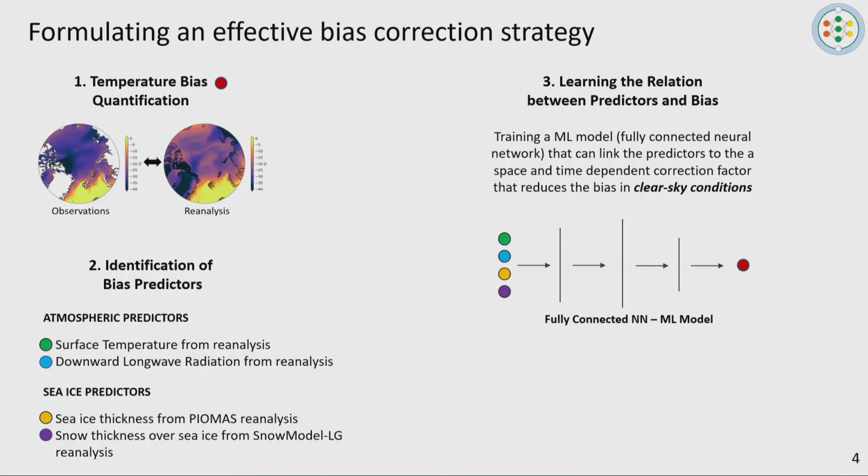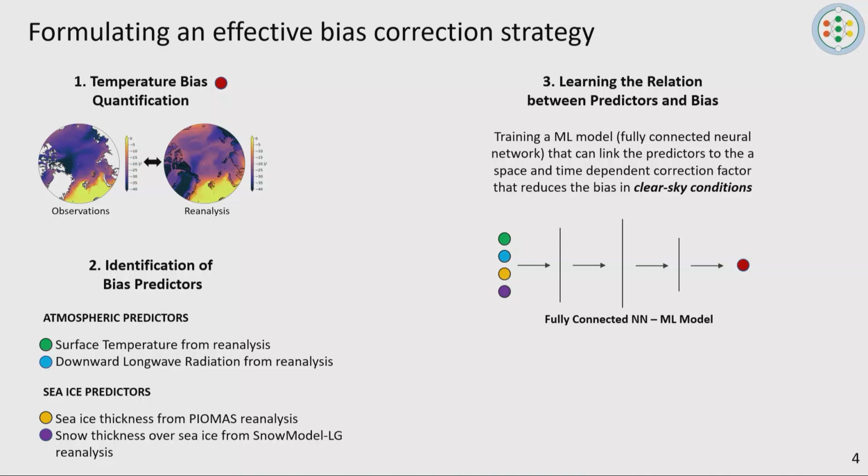Then, since we don't have observations for every reanalysis point, we need to have some predictors that we can link to this bias. For predictors, we use reanalysis products themselves because they are always available, more or less. We use atmospheric predictors, in this case the surface temperature itself, and the downward long-wave radiation, which is a good proxy for the cloud state.